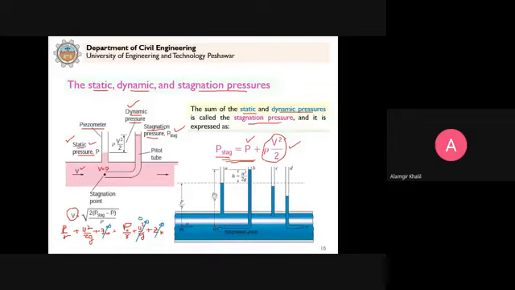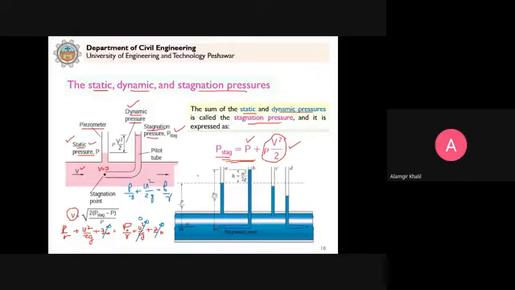So now what are we left with? We are left with P by gamma plus U square by 2g is equal to P naught by gamma. And this is what you can see here in this diagram. P by gamma plus U square by 2g is equal to P naught by gamma.